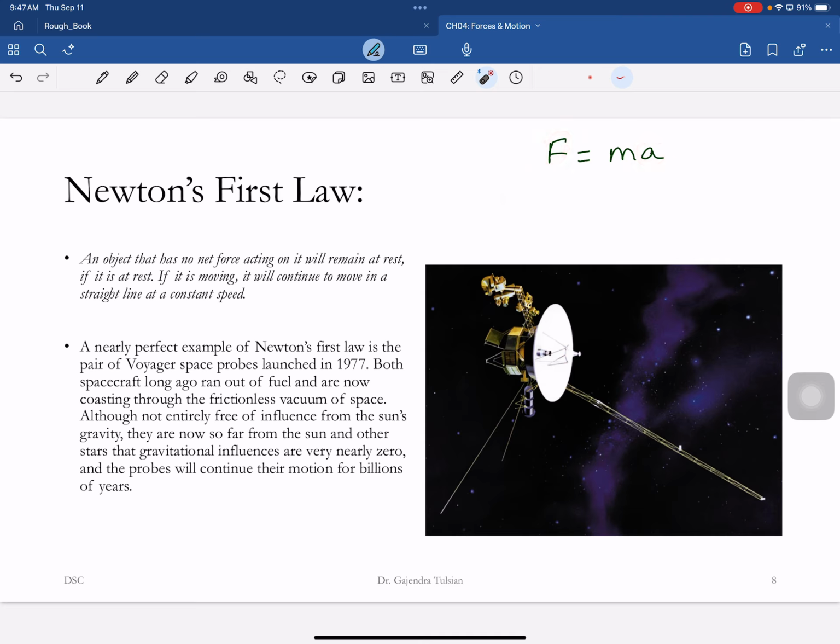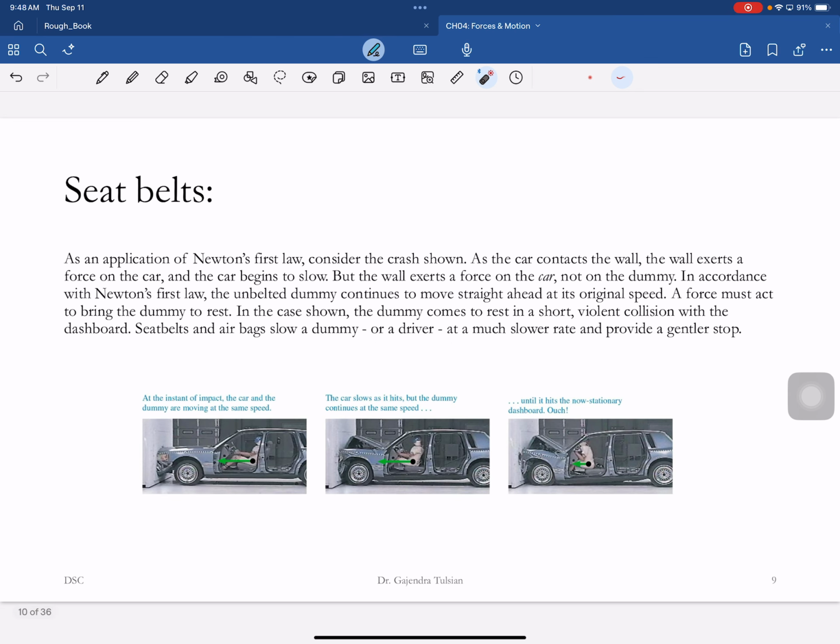If the force is zero, the acceleration would be zero. If the acceleration is zero, your velocity is not changing. So the first law really is a special case of the second law, and so that's why we call it Newton's first law. Even though Mr. Galileo discovered it.